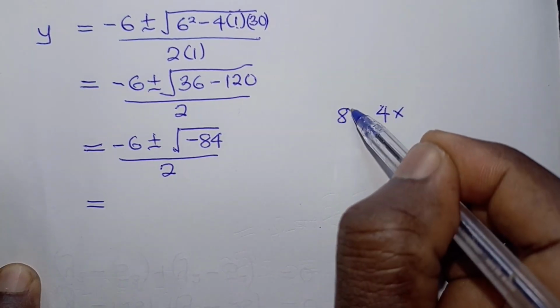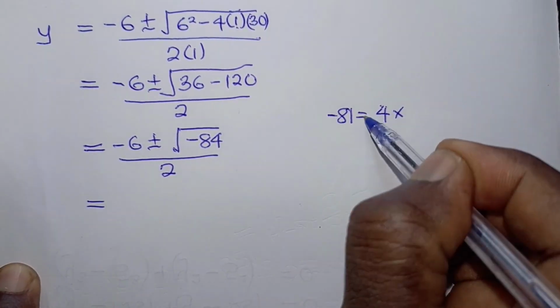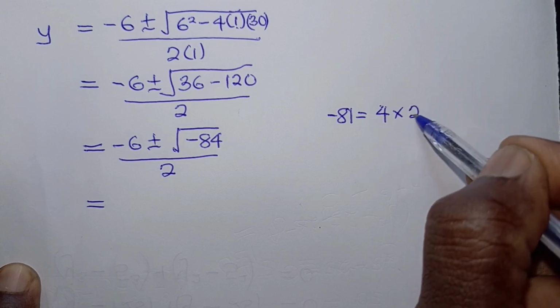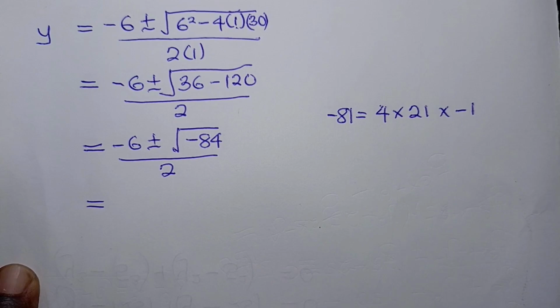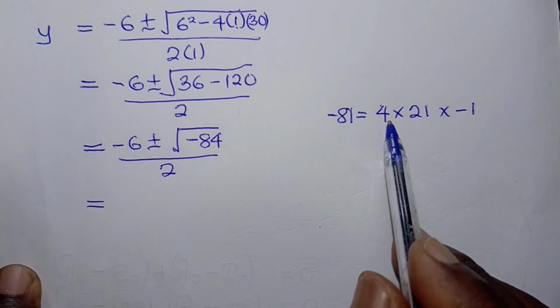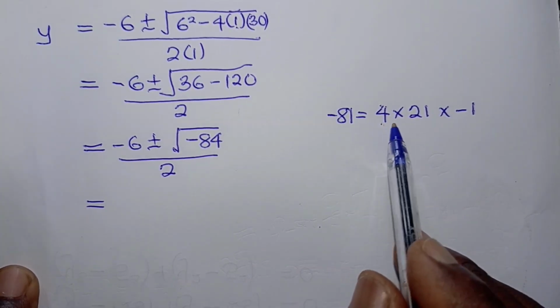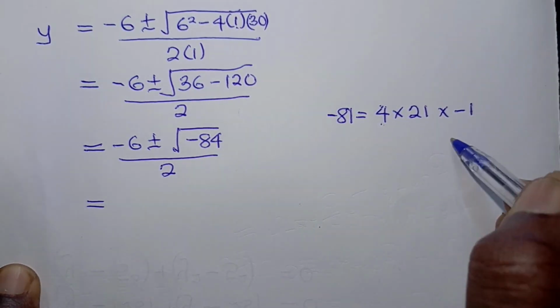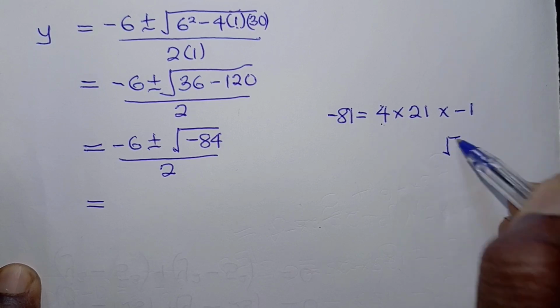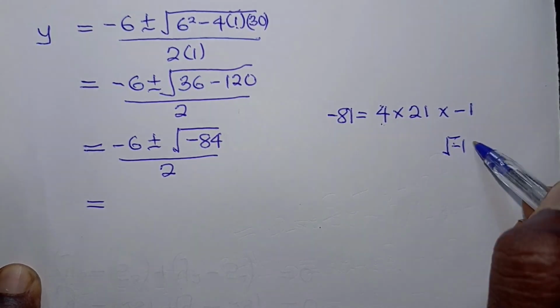That's minus 84, which equals 4 times 21 times minus 1. That will give us 84. We are using 4 because we want to get a factor that has a square root, right? So from that, we know that square root of minus 1 is equals to i.